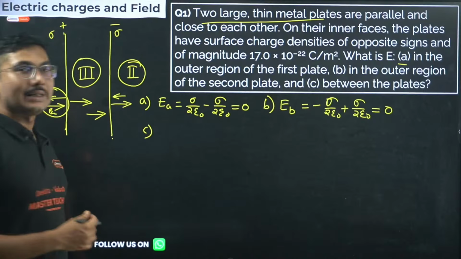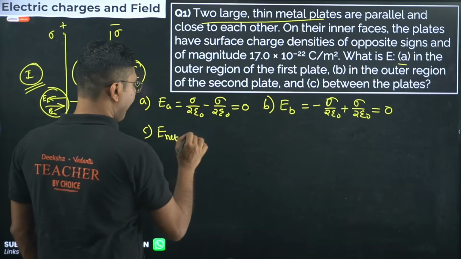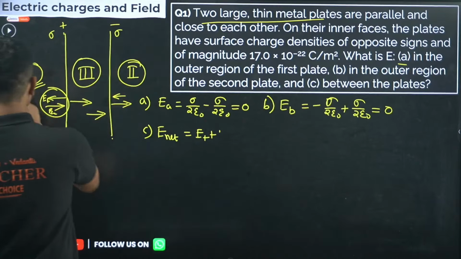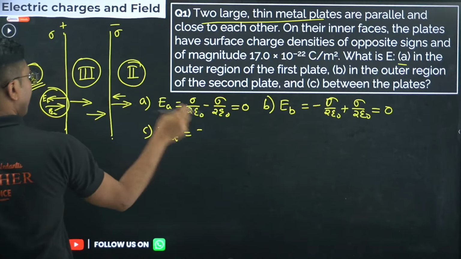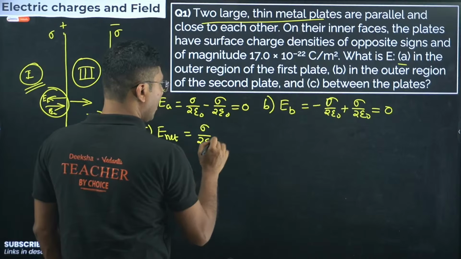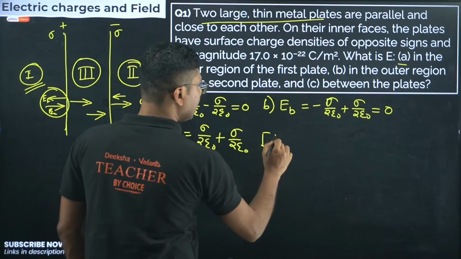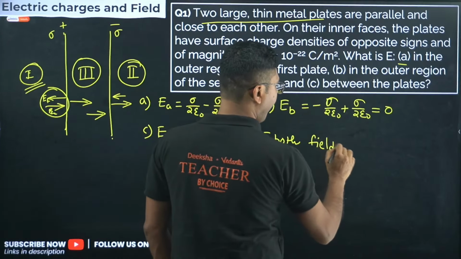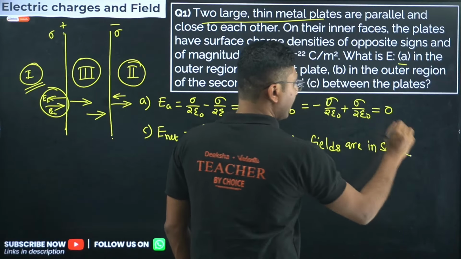In between the plates, the net electric field will be sigma by 2 epsilon naught plus sigma by 2 epsilon naught, because both fields are in the same direction.